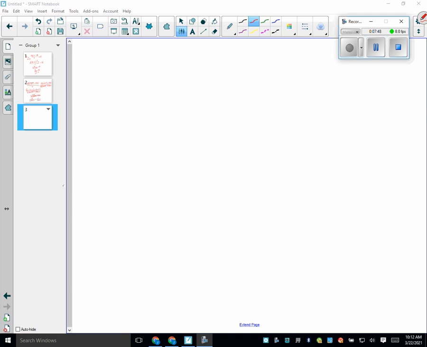Since I want it continuous at A, plugging A into the top piece and plugging A into the bottom piece has to give me the same number. Do you agree? Yes. So x squared minus a squared over x minus a has to equal 4. You agree? Yes. You got all real numbers.